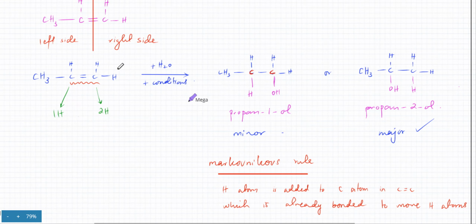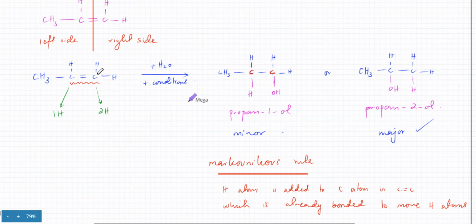But is this point clear? Whenever you have an unsymmetric alkene and you're doing an addition reaction, and you have H and OH or any molecule, the H atom always ends up with the carbon atom that is already having more H atoms. Mohammed, is this clear? Isa, Ethan, is this clear?